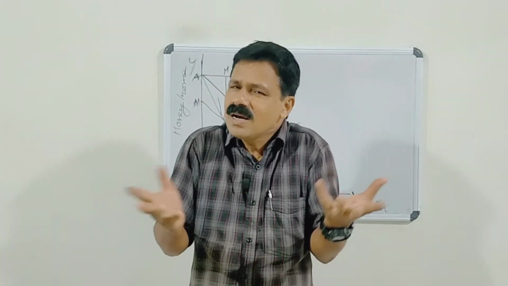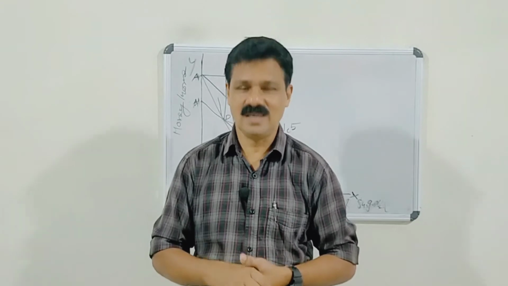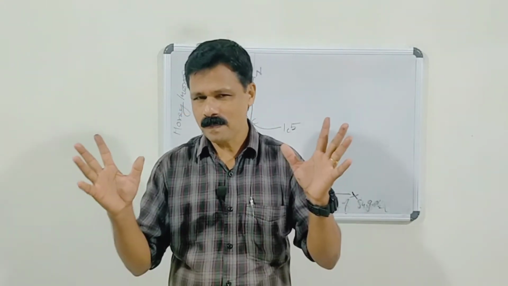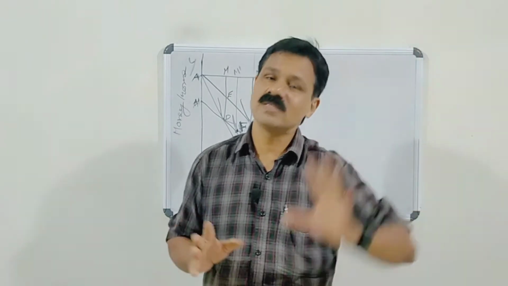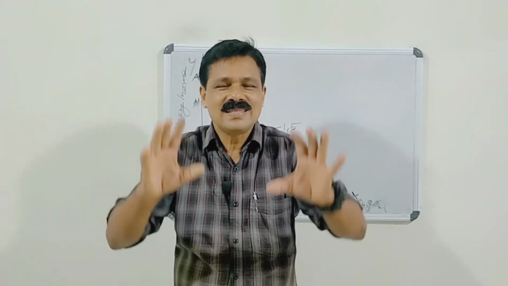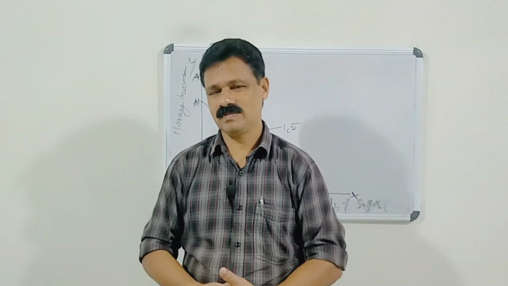Indirect taxes are commodity taxes, nowadays otherwise known as GST, goods and services tax. Indirect taxes can be easily shifted from one person to another because they are included in the price of the commodities. We know it.